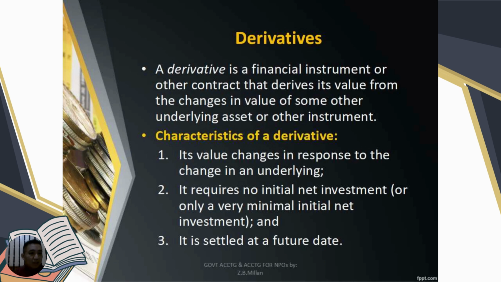So there can be a gain or a loss. Its value changes in response to the change in an underlying. It requires no initial net investment or only a very minimal initial net investment, and it is settled at a future date.